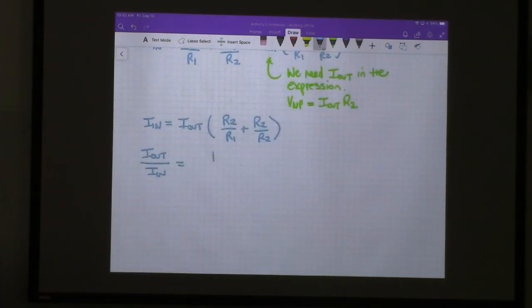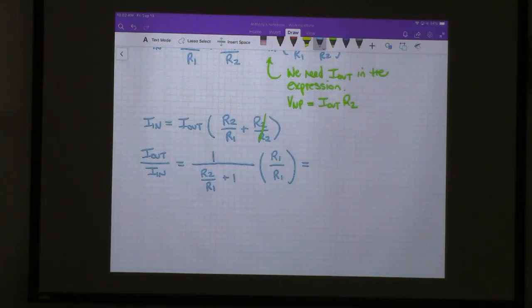That will be equal to 1 over R2 over R1 plus what is essentially 1. Right? We'll multiply like we did before by R1 over R1 in order to get the fraction out of the denominator.